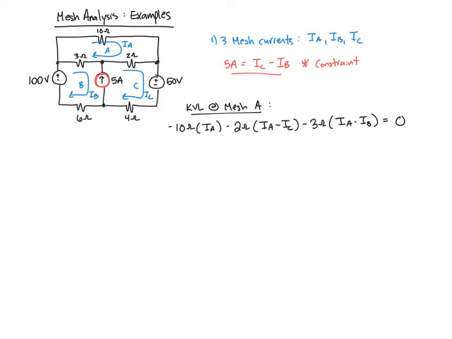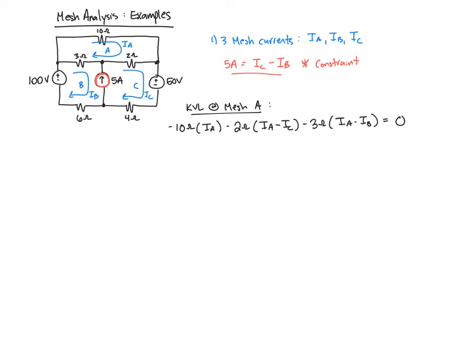The first term in my current expression is always the current from the mesh that I'm working from, in this case mesh A, and then the one I subtract off is always the adjacent mesh. So IA minus nothing because it's not adjoining any other meshes, IA minus IC because A is joined up with C through the 2 ohm resistor, IA minus IB because A is joined up with B through the 3 ohm resistor.